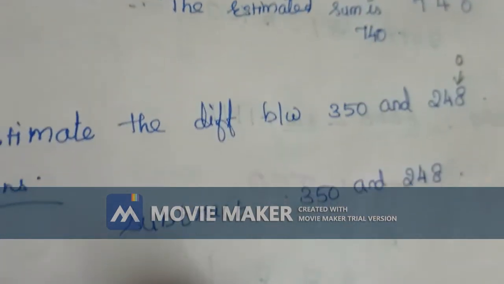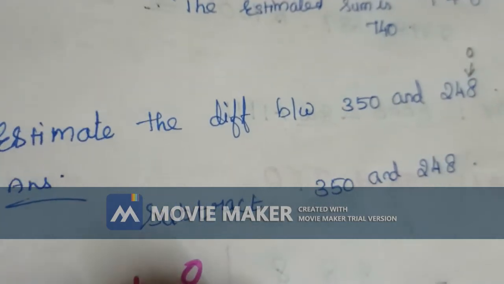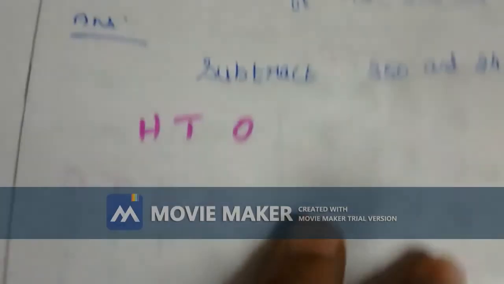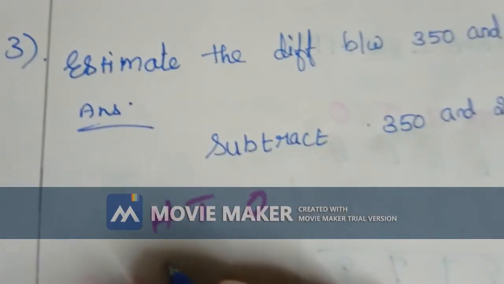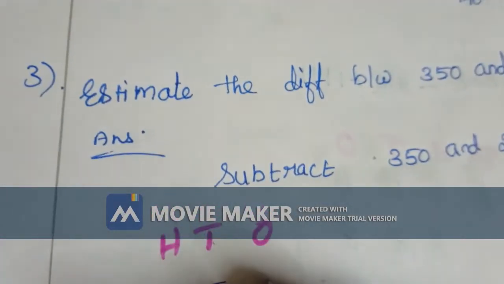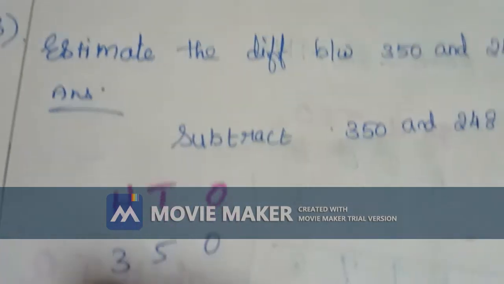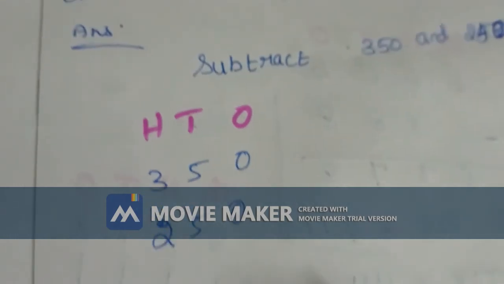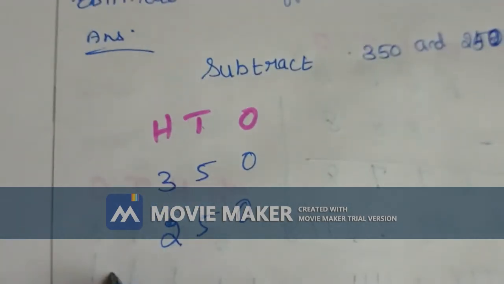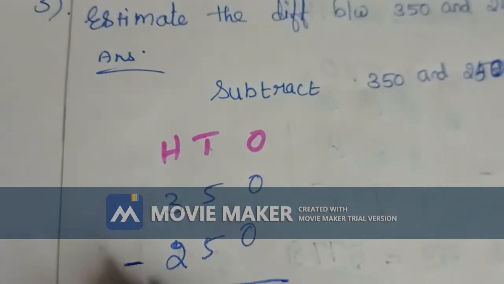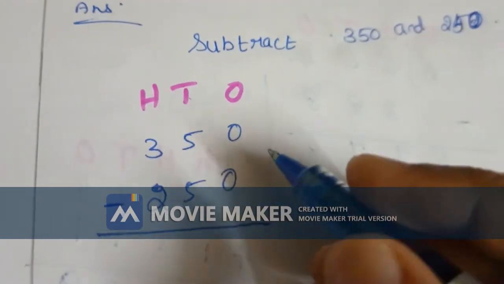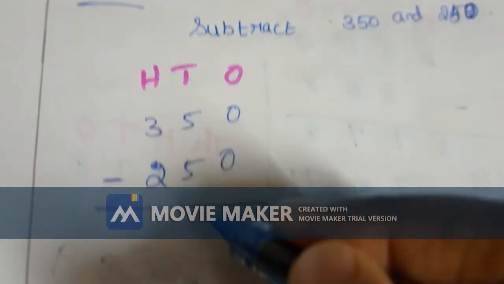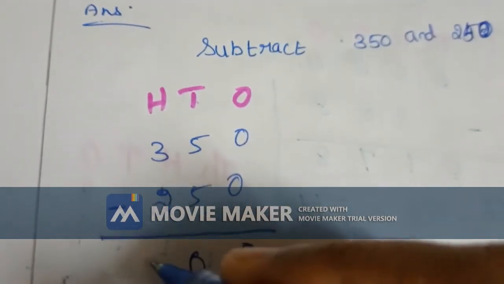So first write the place value box, that is ones, tens and hundreds. Then next write the bigger number. Here the bigger number is 350 and the smaller number is 250. The next step, you have to subtract these two numbers. So 0 minus 0, 0, and 5 minus 5, 0, and 3 minus 2, 1.